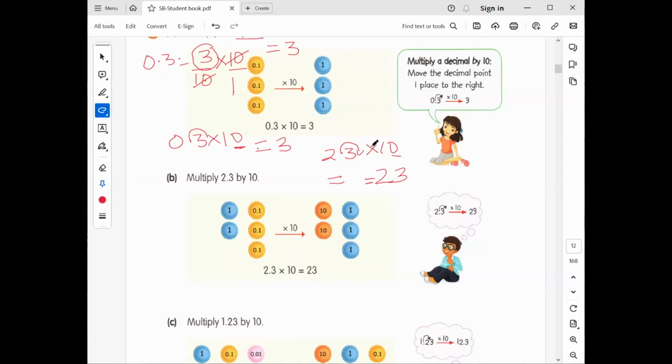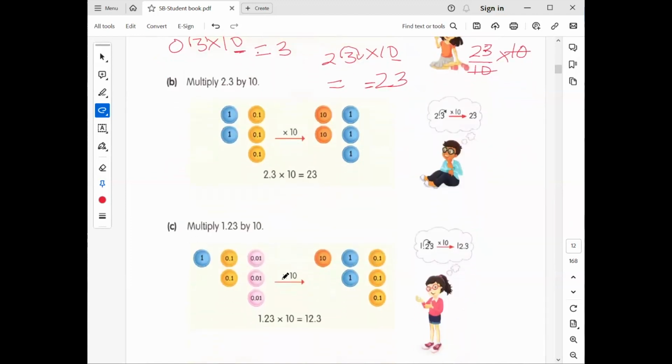Or you can do the same way I did here: 2.3 can be written as 23 by 10, and multiplying by 10, 10 can be cancelled with 10 and you are left with 23. Good?